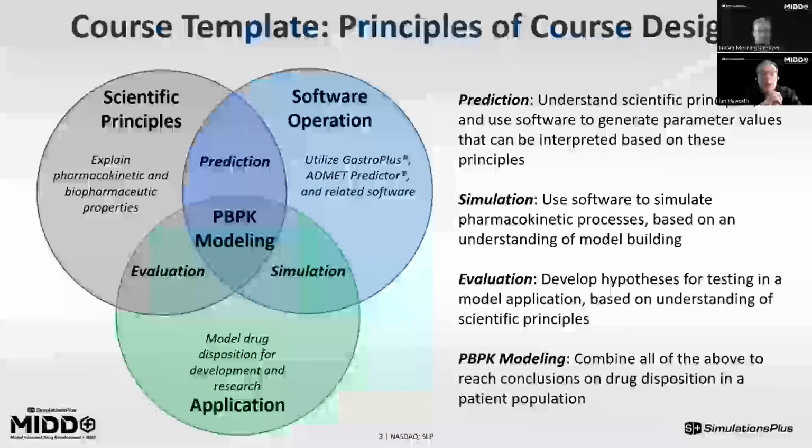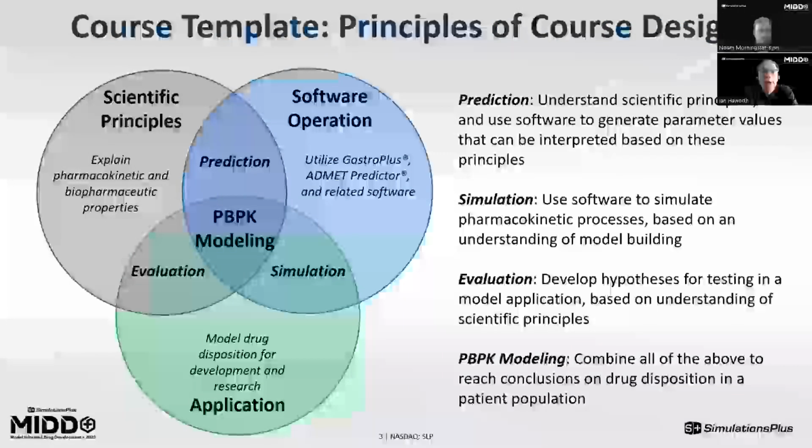This is a broad description of the course design and how we thought about this problem of teaching science and software at the same time. So clearly, we need to teach some scientific principles. Those are pharmacokinetic principles, biopharmaceutic principles. And on the other hand, we need to teach software operation.